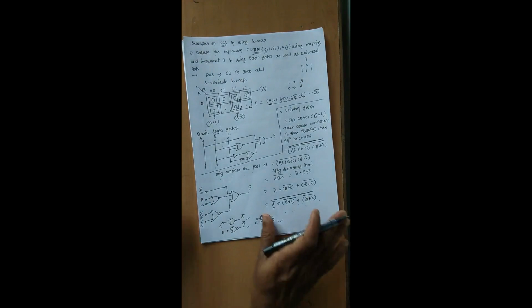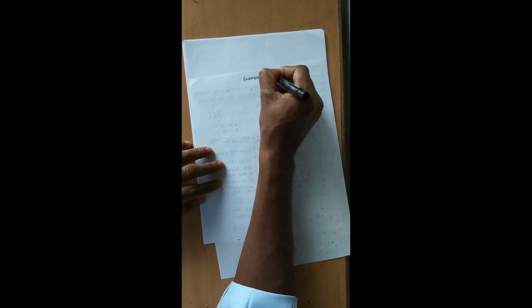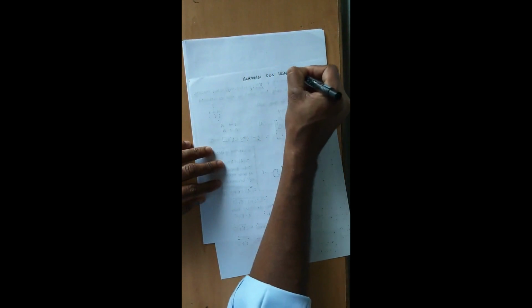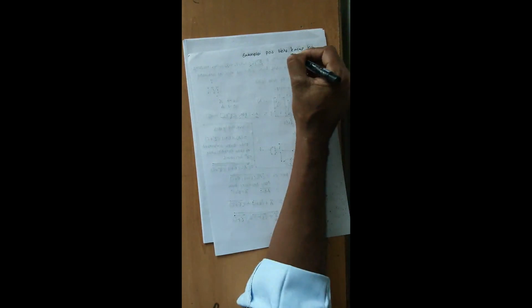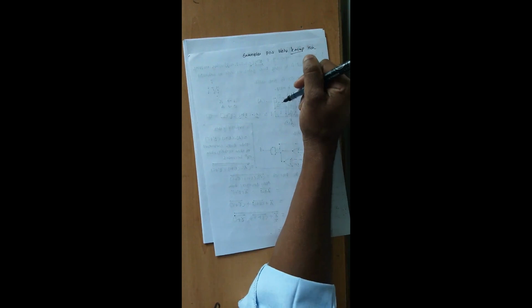I hope you understand the point of examples of POS using K-map technique. Okay, I hope so. And that's why the K-map is a very simplified method in which the minimal expression can be found out as compared to Boolean expressions or Boolean laws. Thank you very much.